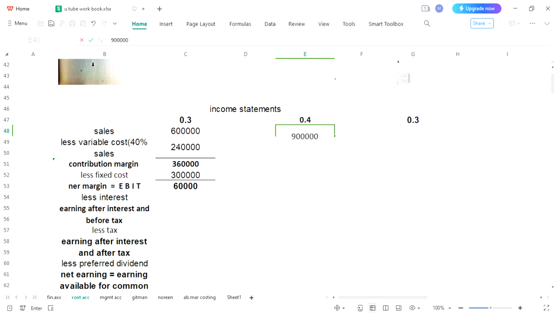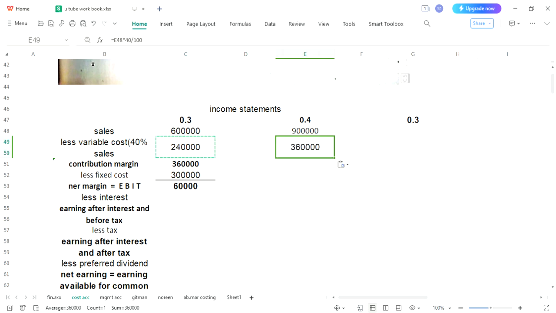Over here you will do the same, and we will now calculate 40% of sale. For the second option, sale is 9 lakh and you will calculate 40%. So we have got our variable cost.